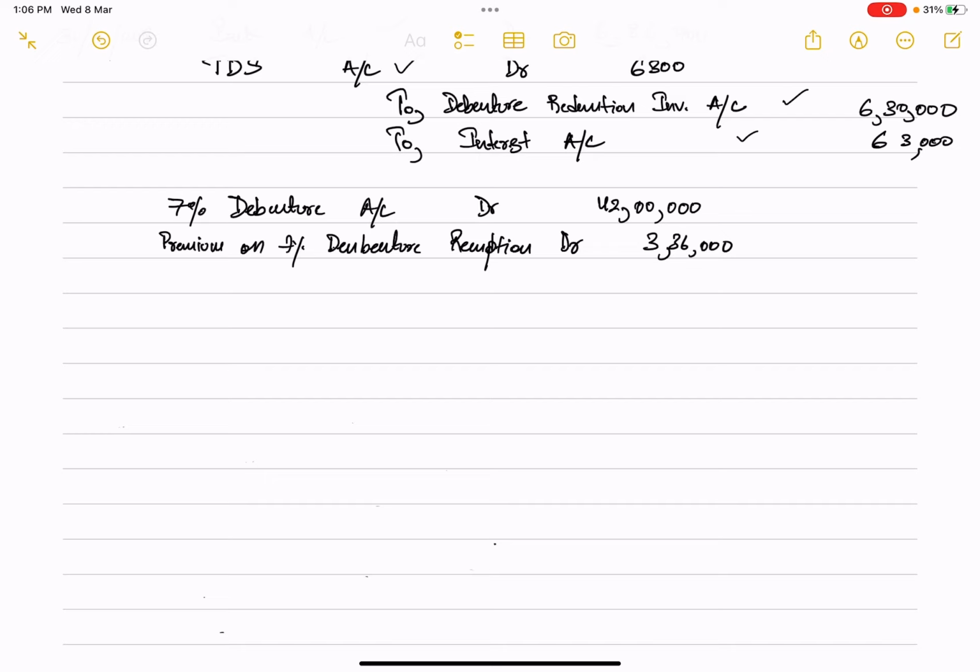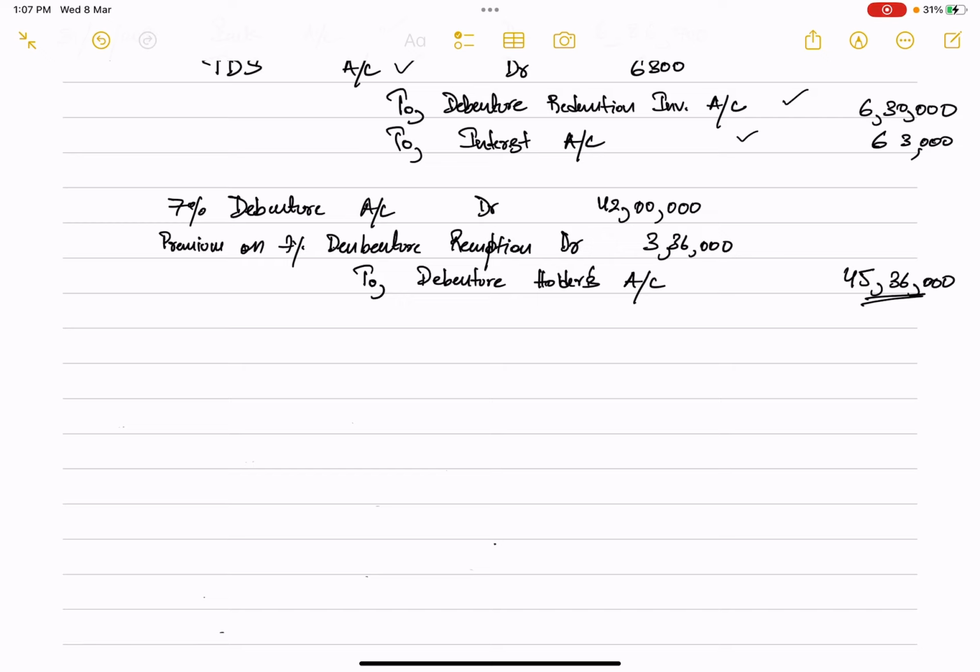And on the credit side, what will happen? Everything that is there is supposed to go to the debenture holders account. We need to give it back to the debenture holders, right? So the debenture holders account will be due an amount of 45 lakhs 36,000 rupees, which is the total money that the debenture holders are deemed to receive at the end of this period.